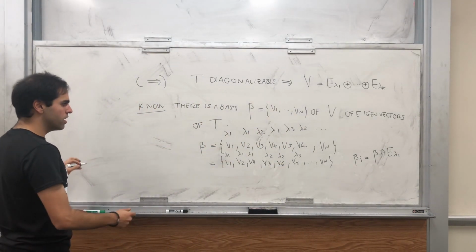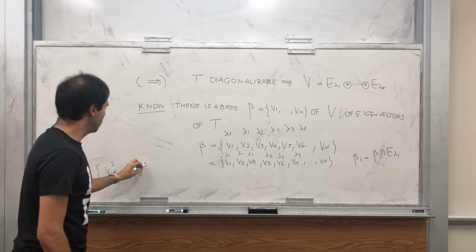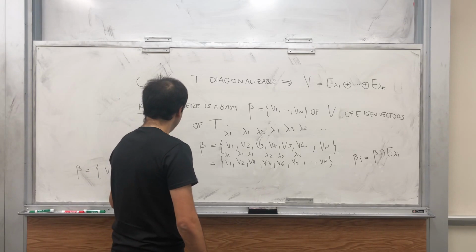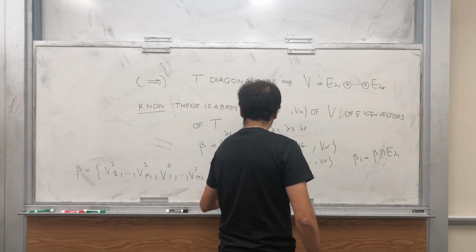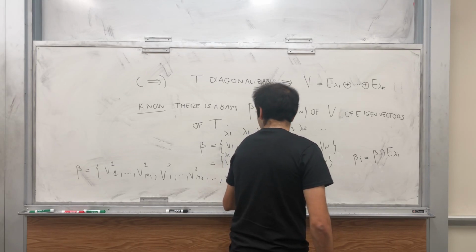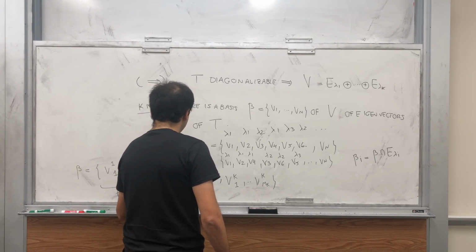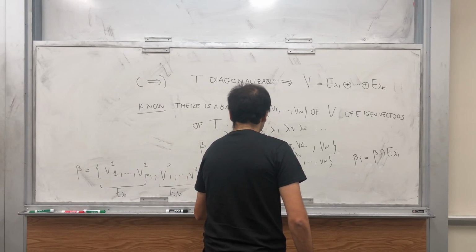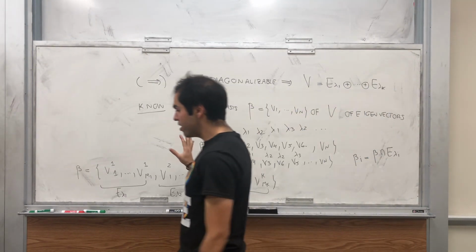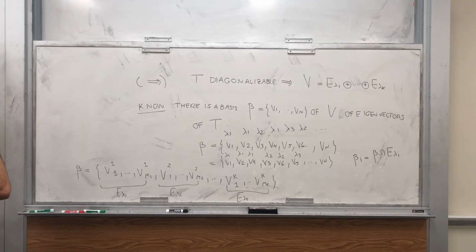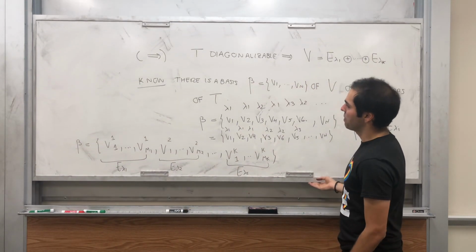In other words, we can write beta as v_11 up to v_1M1, v_21 up to v_2M2, up to v_k1 up to v_kMk, where the first set of vectors corresponds to E_lambda_1, the second set of vectors to E_lambda_2, and the last set of vectors to E_lambda_k. And we won't introduce a new eigenvalue, because otherwise we would have a new eigenvalue of T, and that's a problem.